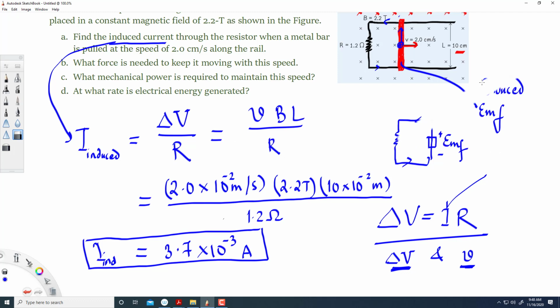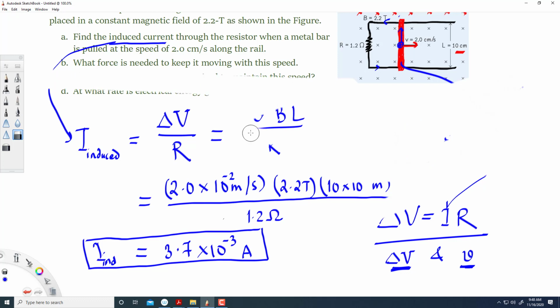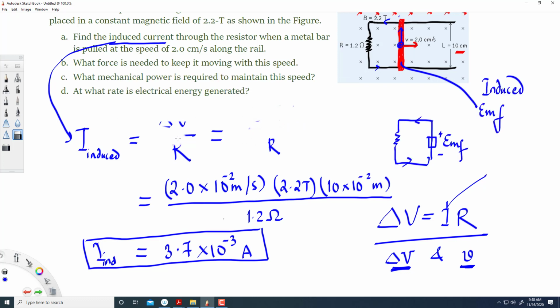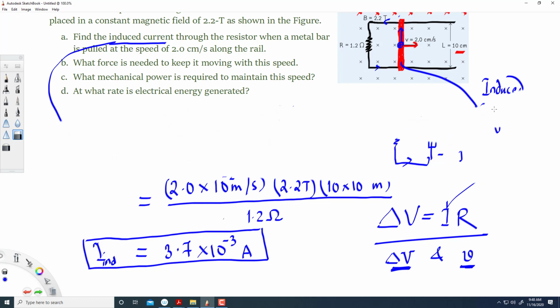Should I erase that? Let me erase that. So this rod will feel some force because it's moving in the direction of magnetic field. Now you use the right hand rule and tell me which way the rod feels the force.